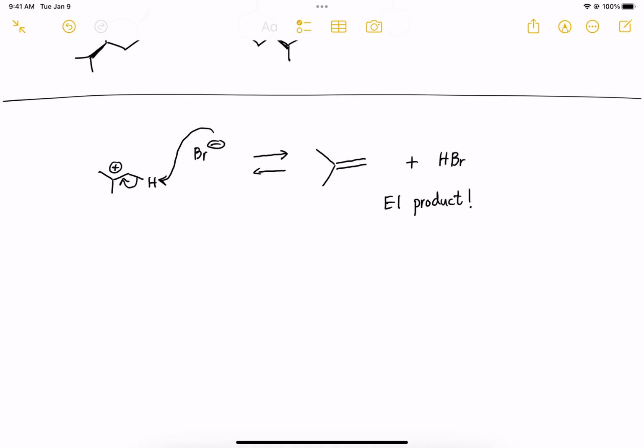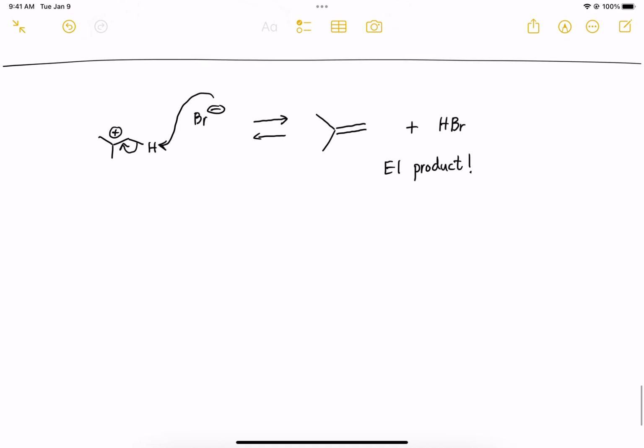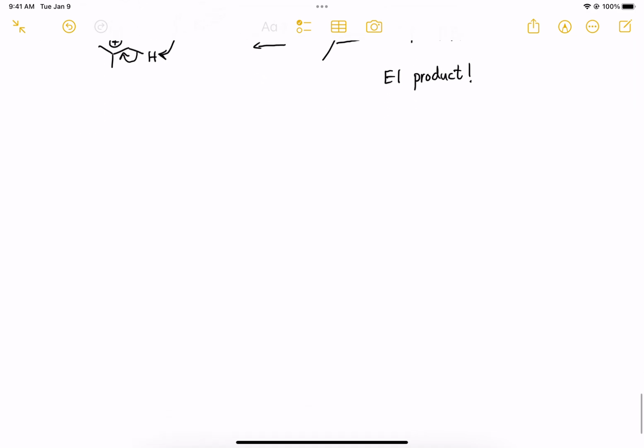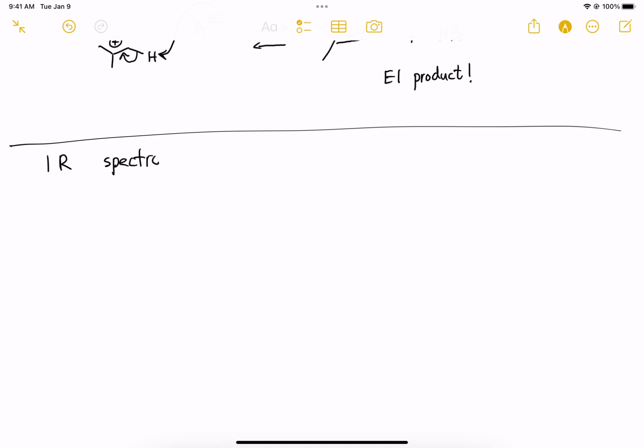There we go. So sorry about that little hiccup there. Now let's move on here. All right. So the last thing we want to do is talk about IR spectroscopy. Okay, so I'll do one example. We're going to just predict what these compounds could be.